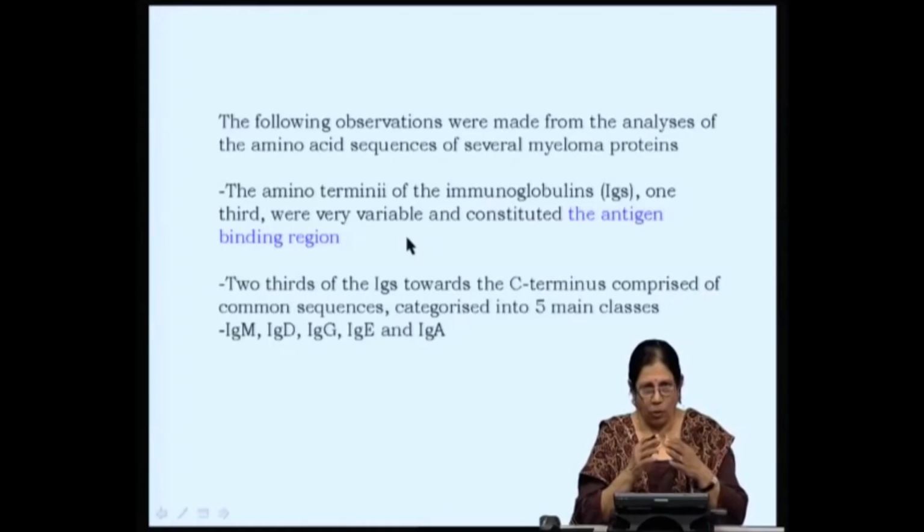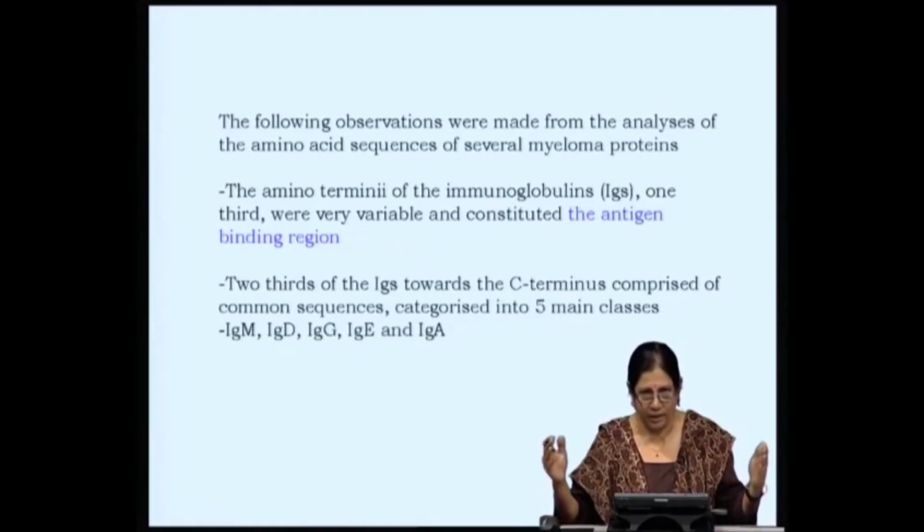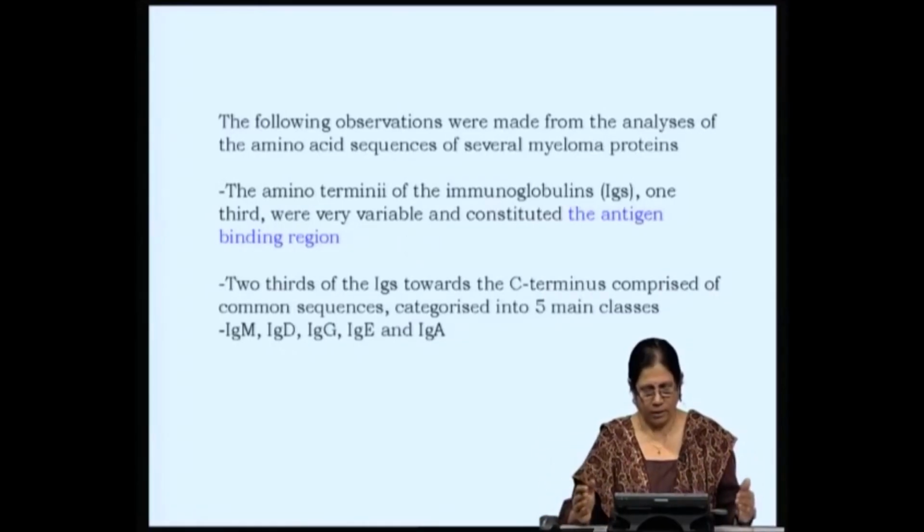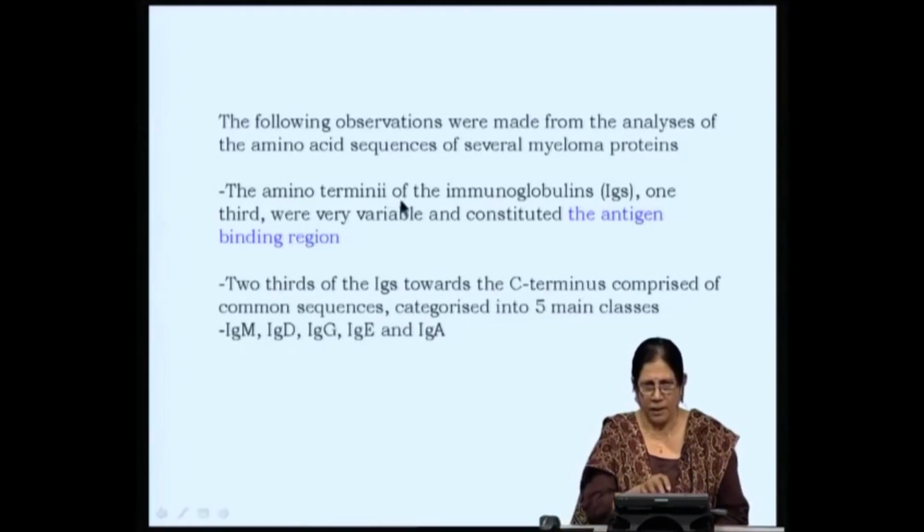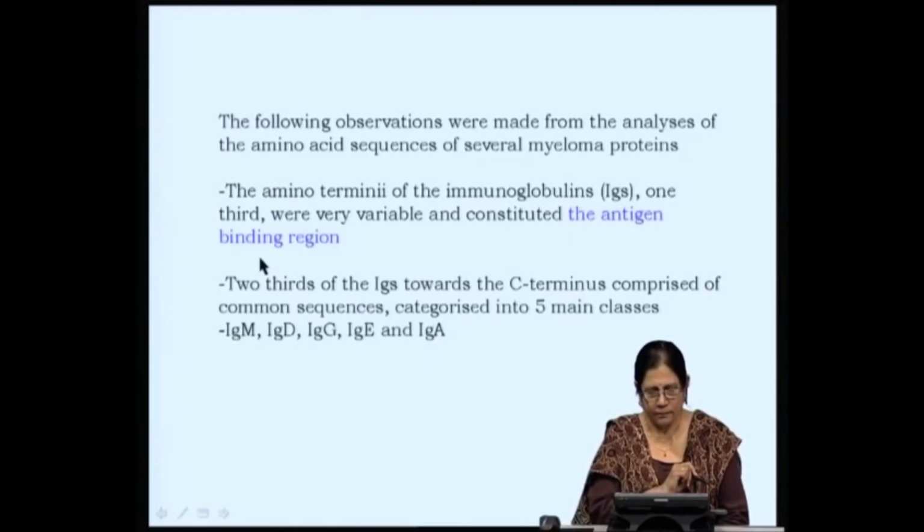When they looked at all the sequences of the myeloma proteins that they now had a bank of, they found that the amino termini were always very variable, and therefore, it was logical to conclude that this region would constitute the antigen binding region. 2/3 of the immunoglobulin sequence towards the C terminus comprised common sequences.